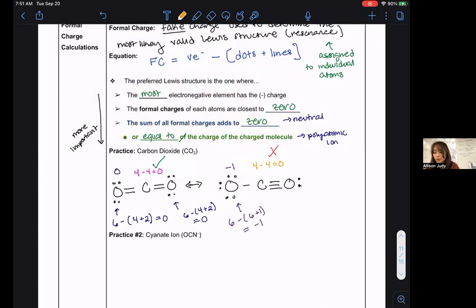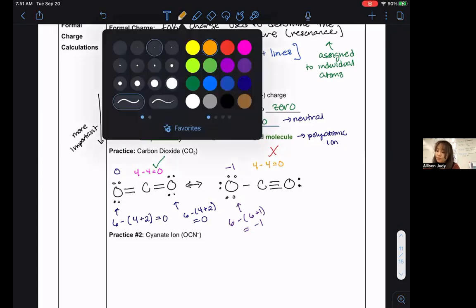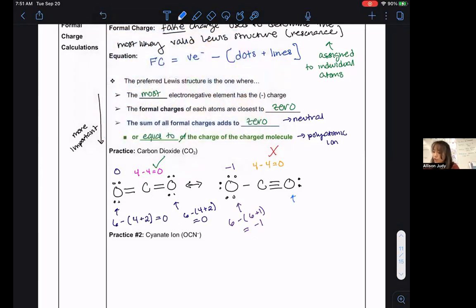So we're not looking too bad. What about this one? Let's go back to blue. This oxygen, original valence electrons is 6 minus dots plus lines. Well, 2 dots plus 3 lines, and we get equals to 5. Oh, sorry, plus 1. Wow, I cannot do math. So this is a plus 1.